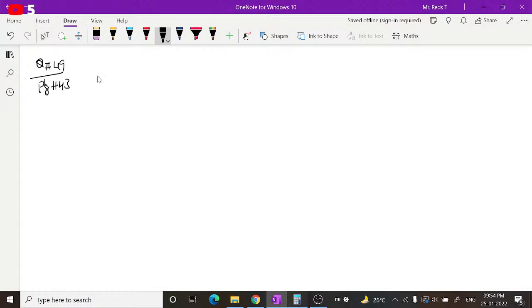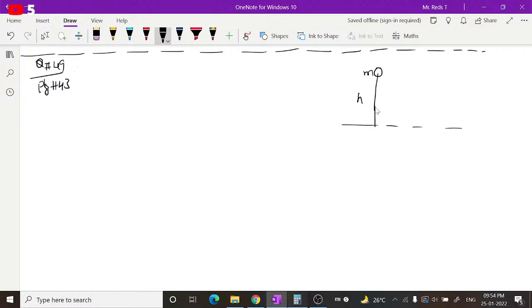It is given that a ball falls from a height of h equal to 10 meters onto a horizontal plane. If the coefficient of restitution e is equal to 0.4, then the velocity with which it rebounds from the plane after second collision.